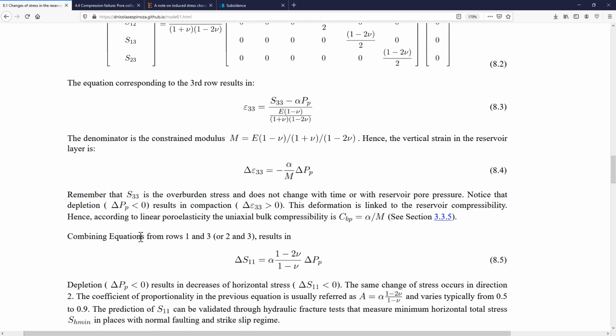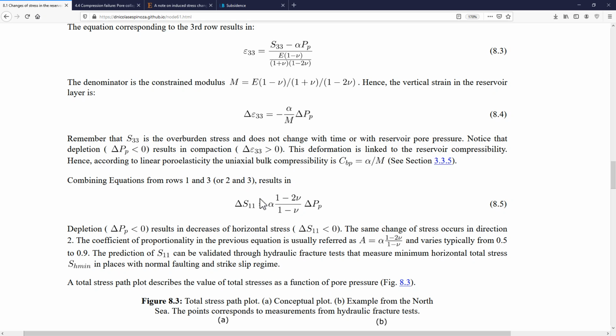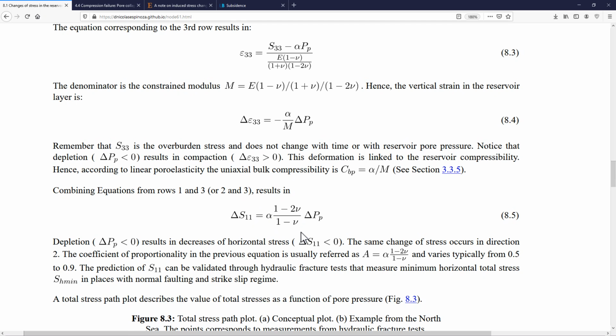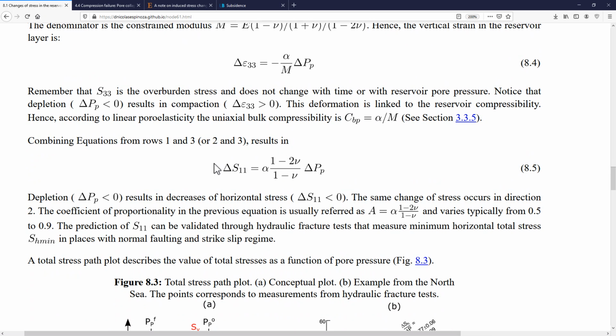And when I combine these three equations, I arrive at this equation over here that tells me what is going to be the variation of the total horizontal stress with the variation of pore pressure in the formation. And that's going to depend on the Biot coefficient and on the Poisson ratio.